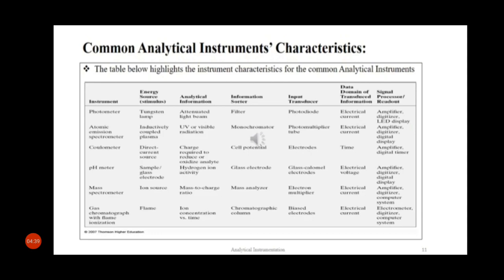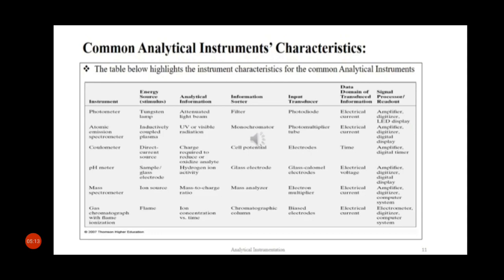Next, in an atomic emission spectrometer, the energy source is inductively coupled plasma. Analytical information is UV or visible radiation. Information sorter is the monochromator. Input transducer is the photomultiplier tube. Data domain of transduced information is electrical current, and readout is an amplifier, digitizer, or digital display.